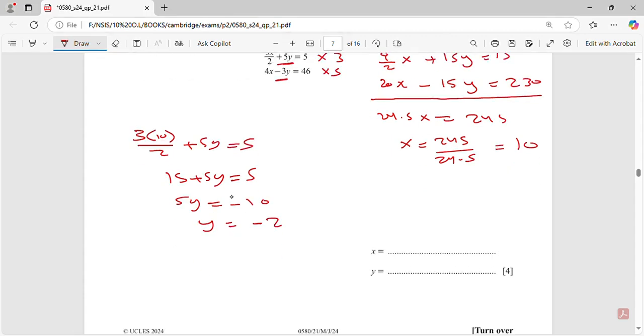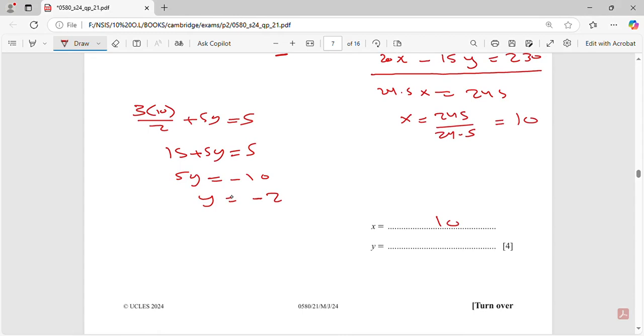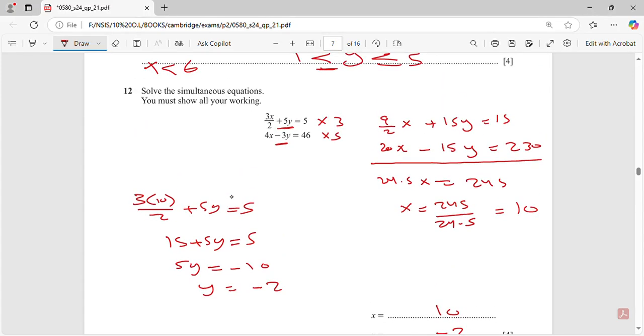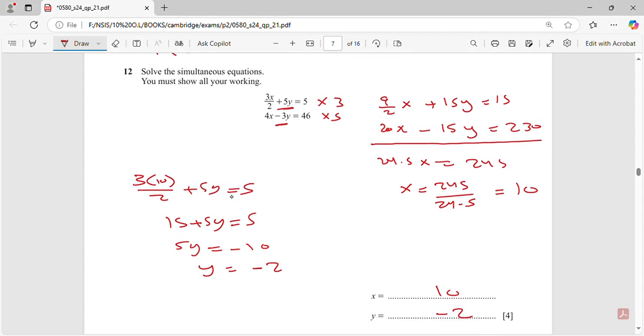So now I apply these two values, x equals 10, y equals negative 2. The same, of course it has to be the same. And there's another thing you have to make sure of, by using the calculator equation mode, mode 3 1 or mode 3 3, according to your type of calculator.